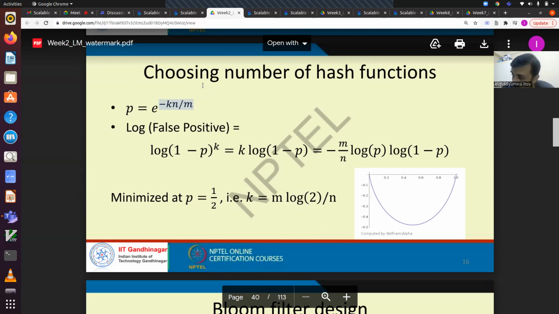What is the value of log 2? I'm seeing in Google. Log 2 is 0.301, so 0.3.